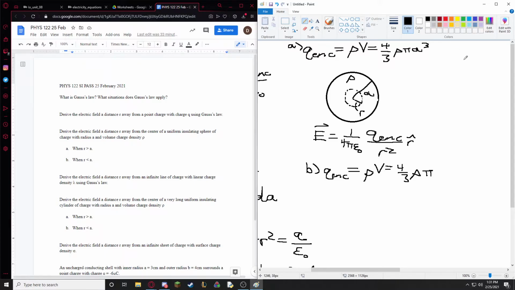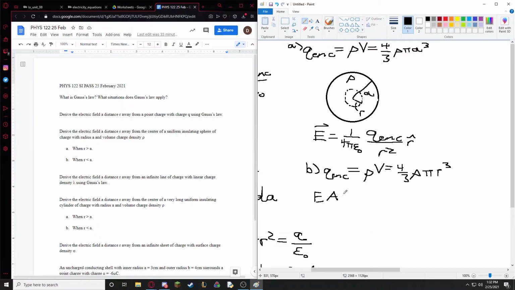In this case, though, our enclosed charge is a function of r. If r were to increase or decrease within the sphere, our enclosed charge would change, whereas outside the sphere, it doesn't change.